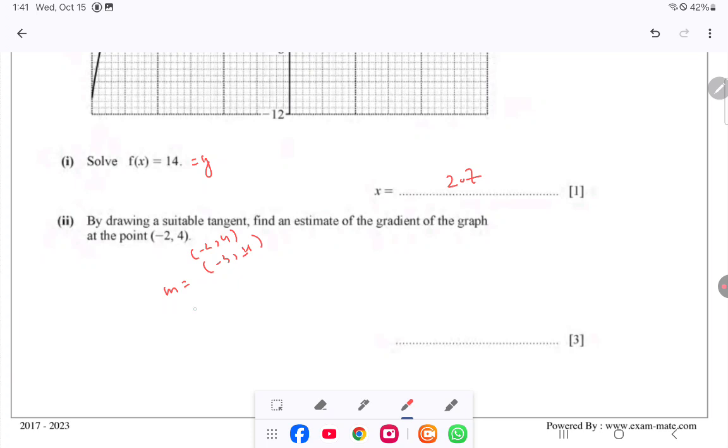The slope will be y2 minus y1 over x2 minus x1. Solve it further: negative 8 over negative 1 will give you positive 8. This is our slope.